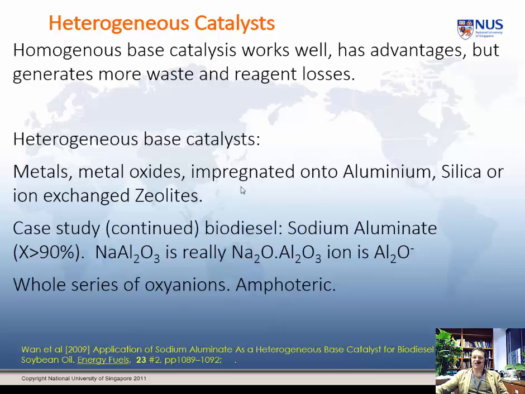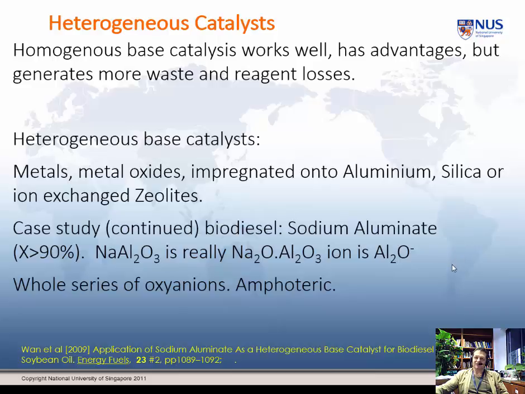So typically metals, metal oxides impregnated onto alumina or silica, or ion exchange zeolites, which always keep coming up, are often used. We'll look at a case study in the biodiesel case study of using sodium aluminate.